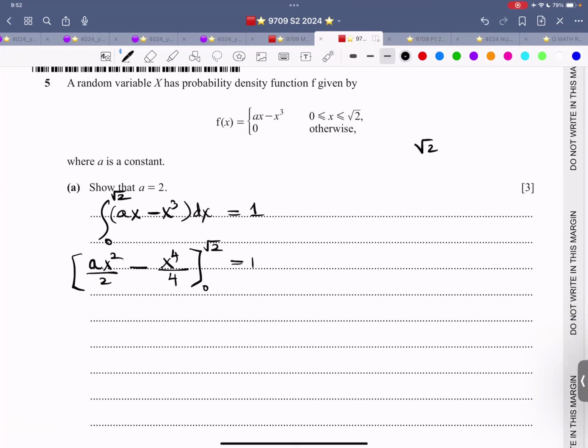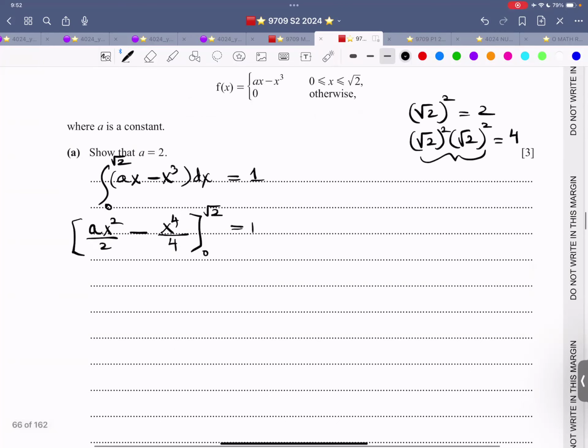So first of all, root 2 squared becomes 2, and root 2 squared into root 2 squared is 4, because this is root 2 power 4. So I have A, root 2 squared divided by 2 minus root 2 power 4 over 4.